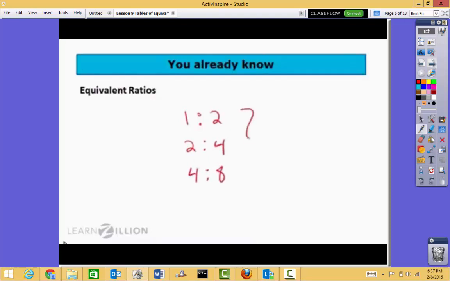The reason these ratios are equivalent is that there's the same unit increase from the left side to the right side. For every 1 unit here, I'll have 2 units here, and that's a 1/2 relationship. And for every 2 units here, I'll have 4 units here, which is again a 1/2 relationship. And the same goes for 4 to 8.